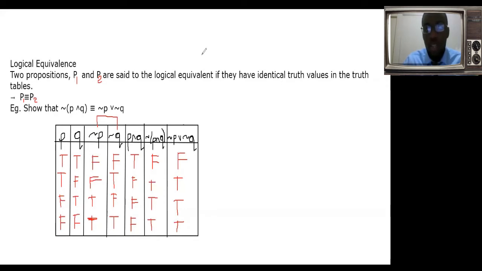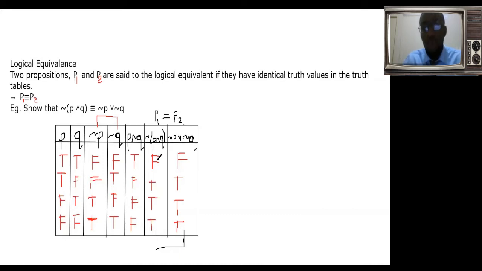Now, how do we know if these two statements are logically equivalent? We look right here at these two columns. Since the truth result of P1 is the same as the truth result for P2, we can say that P1 and P2 are logically equivalent. That is, the negation of P and Q is logically equivalent to not P or not Q. So we've shown it.